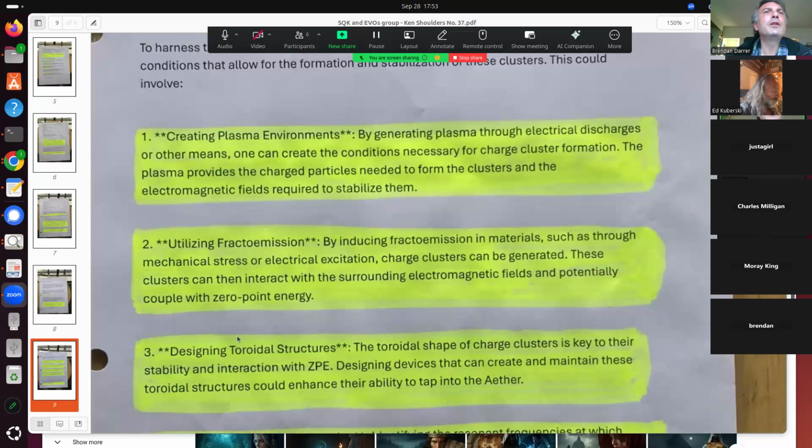Number two, utilizing fractal emission. By inducing fractal emission in materials, such as through mechanical stress or electrical excitation, charge clusters can be generated. These clusters can then interact with the surrounding electromagnetic fields and potentially couple with zero-point energy.